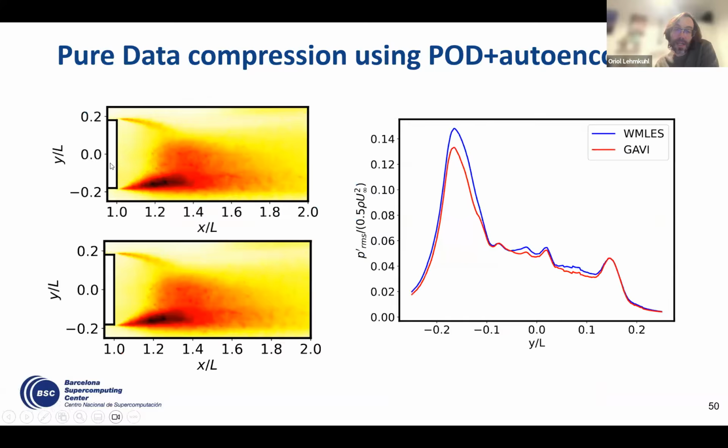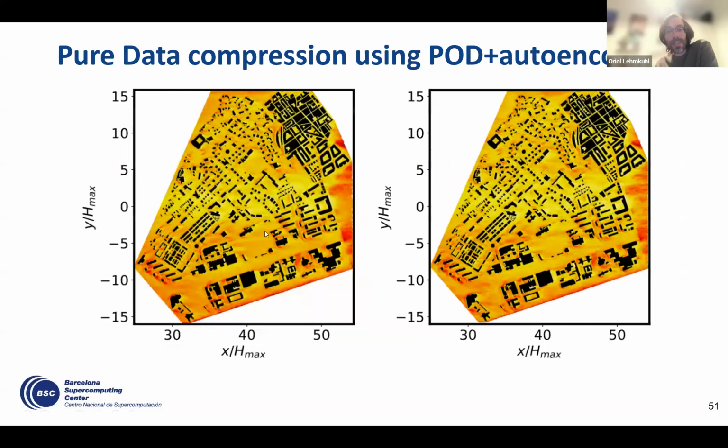We tested this as well for the Windsor car, for the middle plane. You can see here the recovered fluctuations for the pressure between the well-resolved LES and the Gabi algorithm. It's very good compression as well. And we tested on the Barcelona district. So of these two images, one is the reality and the other is the Gabi algorithm.